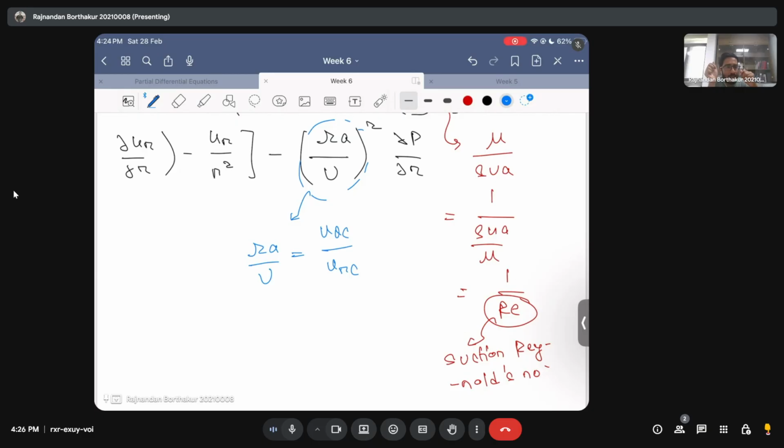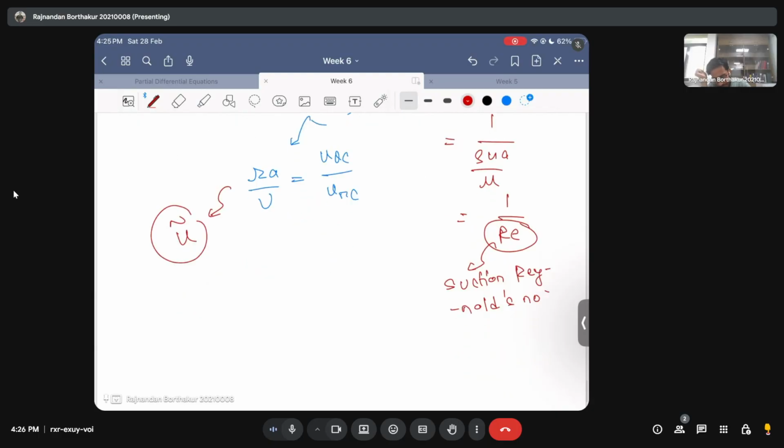So physically, this omega A by U signifies how strong your rotational motion is with respect to the radial suction. That's what this quantity omega A by U signifies physically, and we will call this quantity, let's say, U tilde.